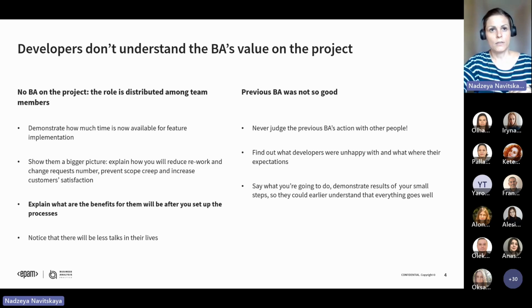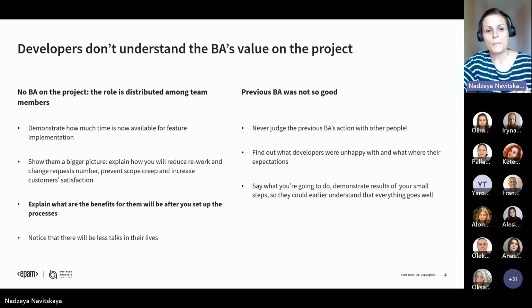Of course, it's not on all projects, but sometimes when the customer is very satisfied, when everything is done on time and according to the requirements, clients start to give more initiative to the team. So developers start to make their own decisions, to propose more, and it's very inspiring for them as well. Okay, and the last point is that there will be fewer meetings in their lives. I think, guys, you already mentioned that.